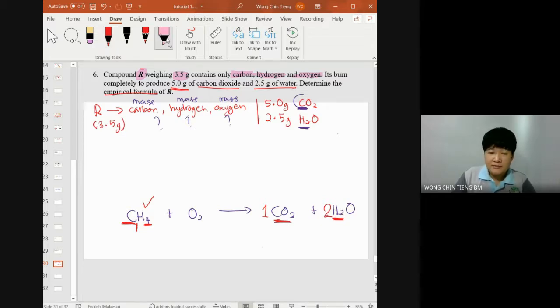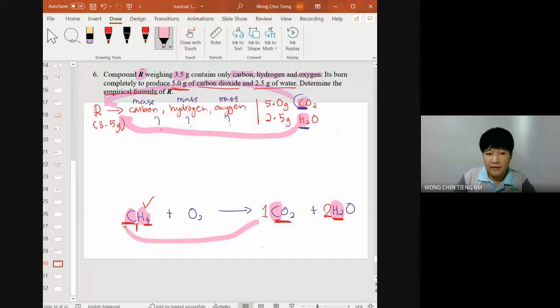In the other words, the carbon in the carbon dioxide and the hydrogen in the water, both of this is actually coming from the R. Sebab dia yang akan menentukan diorang. Okay? Makes sense? Okay. And oksigen, kita tak boleh kira guna cara ni. So, saya akan tunjuk nanti oksigen kira guna cara apa.